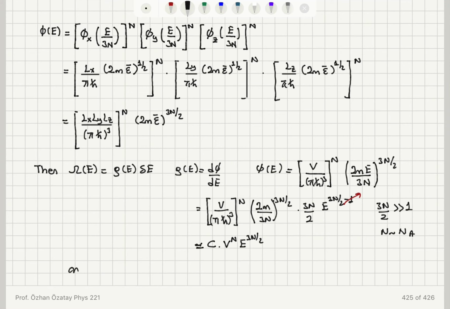And therefore, the number of accessible states for energies in the range E to E plus delta E will be this constant C V to the N E to the 3N over 2 multiplied with delta E, which is the result we would like to reach.